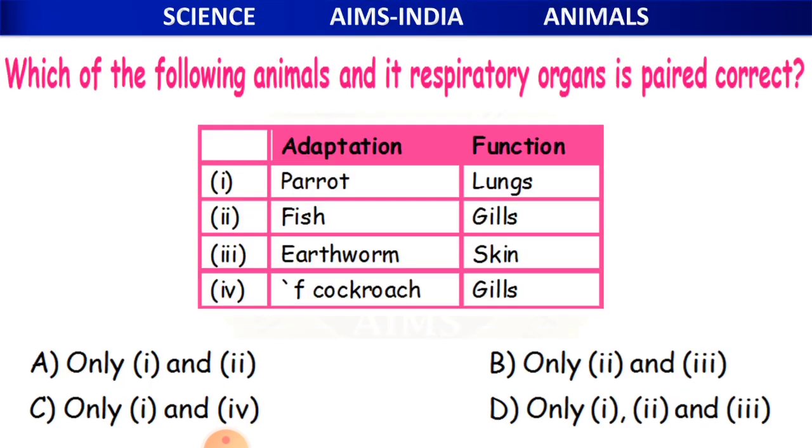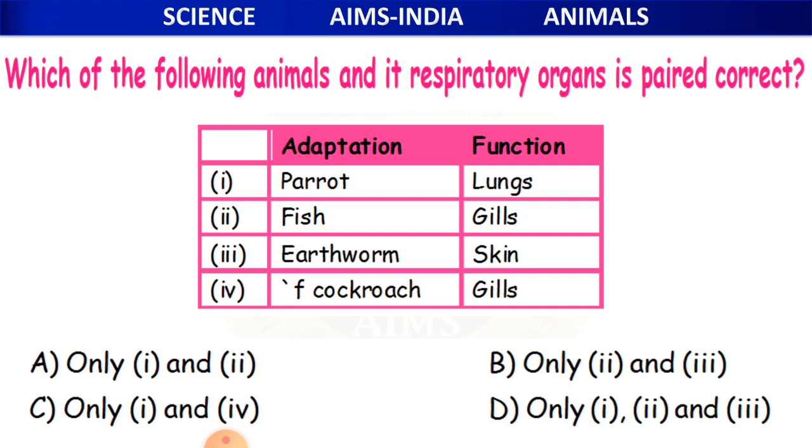Which of the following animals and its respiratory organs is paired correctly? See here, children, you have got the animals, the adaptation and the function. This particular part helps them to respire, which is used for breathing. The respiratory organ helps them to breathe. So which is paired correctly, that we have to identify.